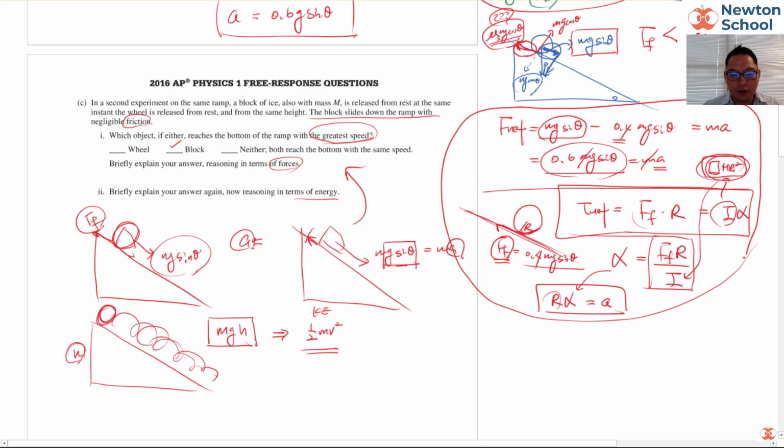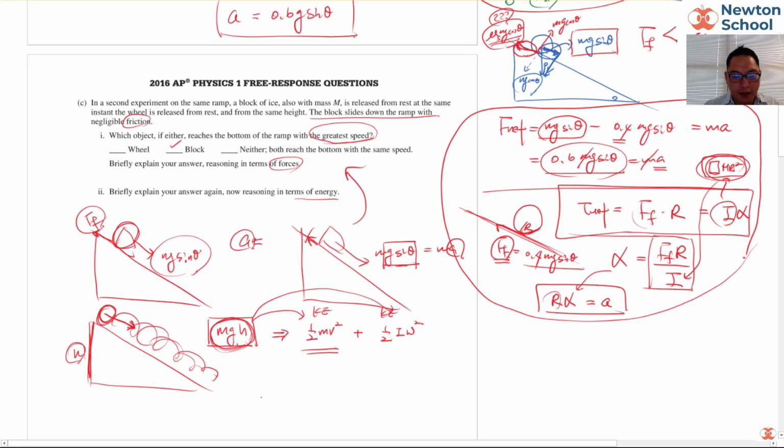So this will go into translational, which is the center of mass going down the ramp, plus kinetic energy of rotation, which is 1/2 I omega squared. So the total energy, which is gravitational potential, will be separated into translational and rotational.